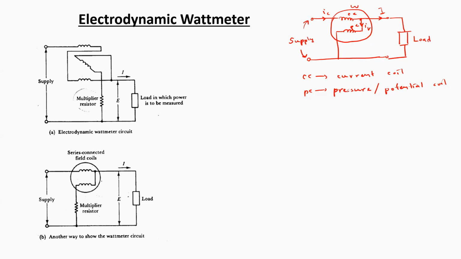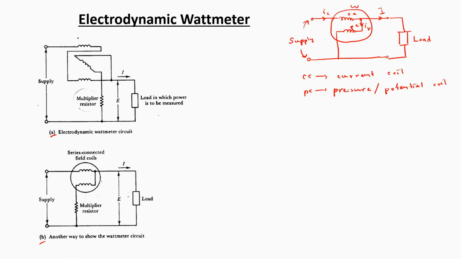Now, in the two circuits shown here in figures A and B, the connection of the fixed coils and the moving coil of an electrodynamic meter movement mechanism to implement a wattmeter is shown. Simplified circuit representations are given here.